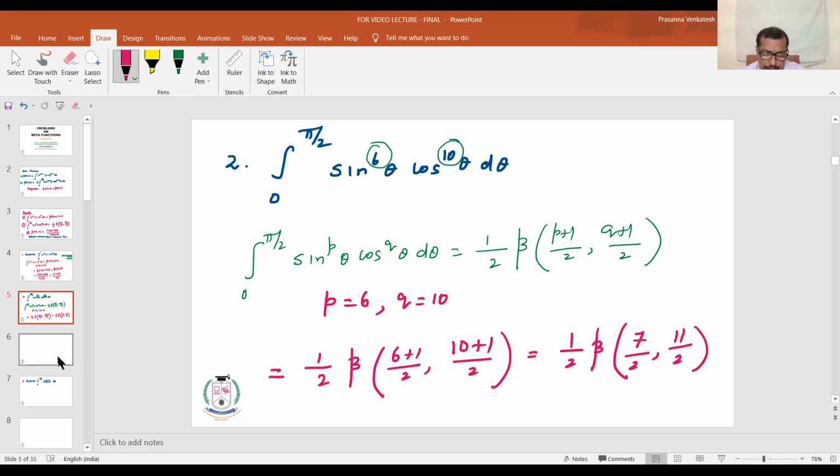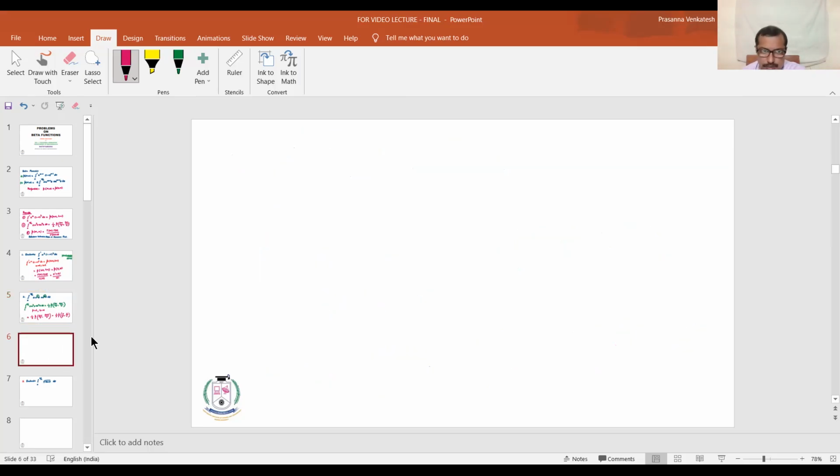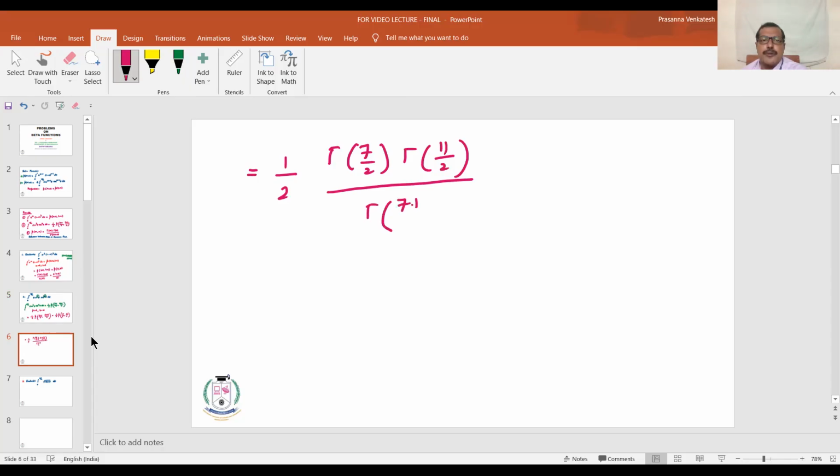We already know how to evaluate these values. This is equal to 1 by 2. What is beta of m comma n? Gamma of m, gamma of n by gamma of m plus n. So gamma of 7 by 2 into gamma of 11 by 2 whole divided by gamma of (7 plus 11) divided by 2.